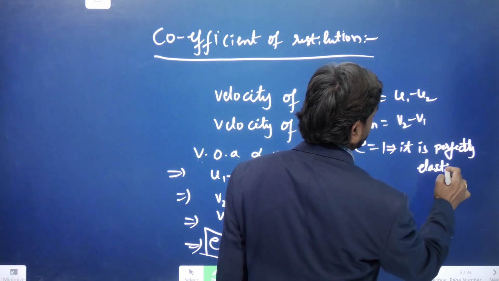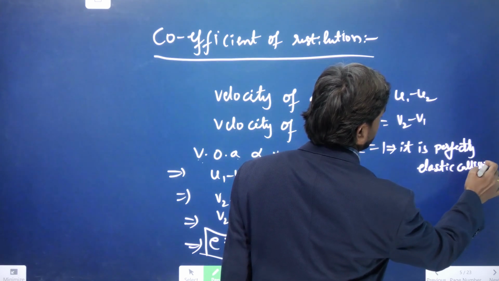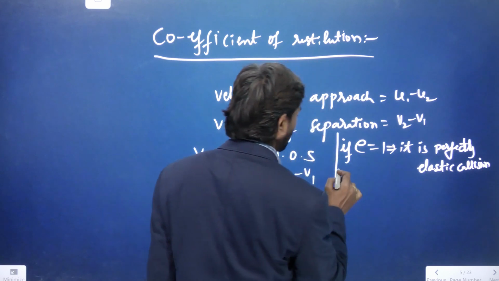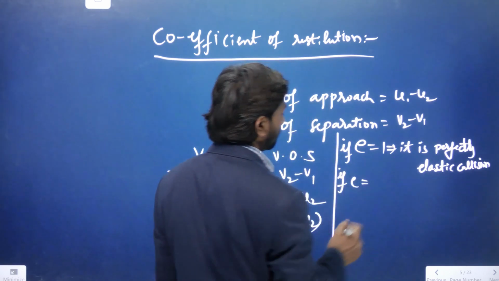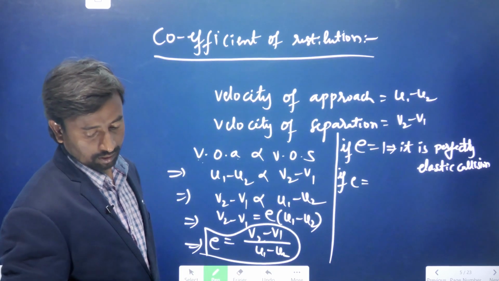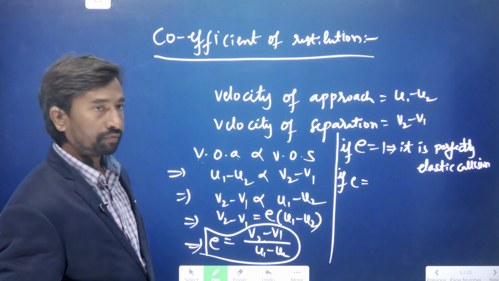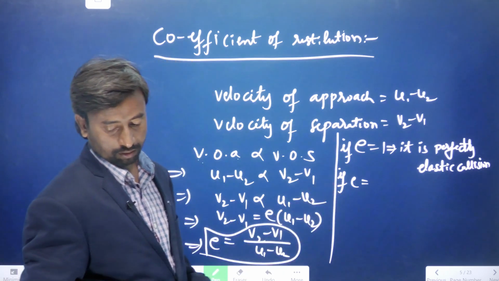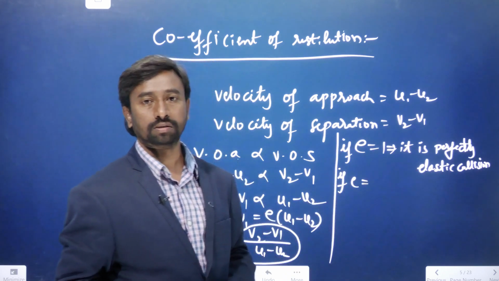The value of E lies between 0 and 1. So if E is equals to 1, it is said to be the perfectly elastic collision.